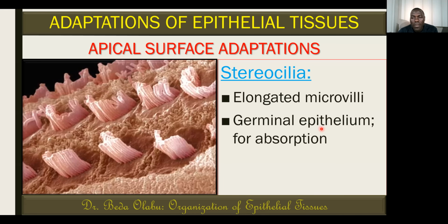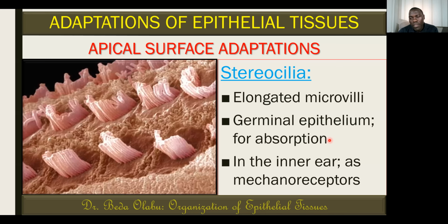Specifically, we find stereocilia in the male genital ducts, where they are important for absorbing seminal fluid. We also find stereocilia in the ear, where they function as mechanoreceptors, the receptors for balance. So don't forget: in the male genital tract for absorption, in the ear as mechanoreceptors for balance.